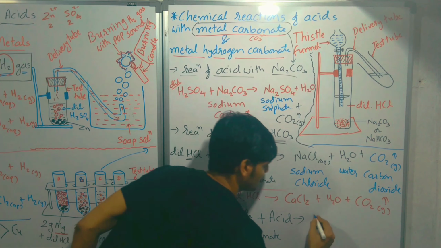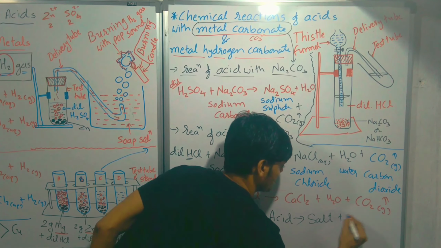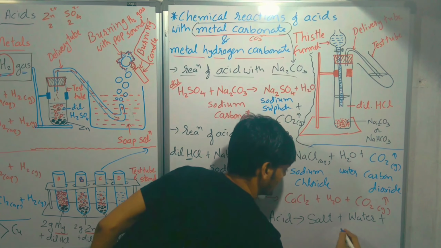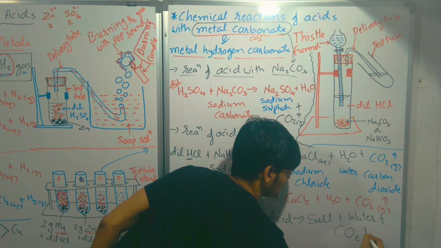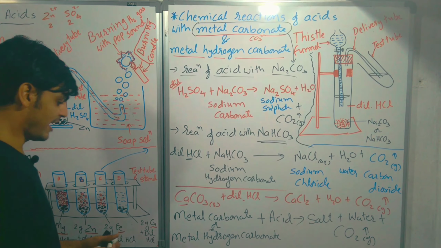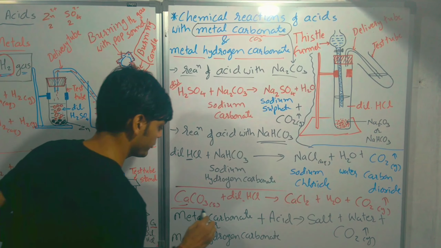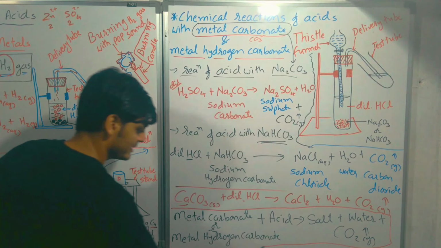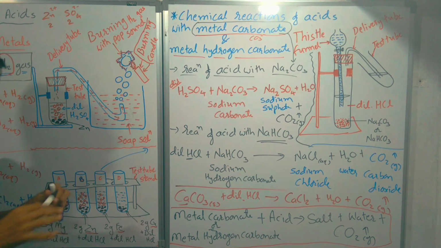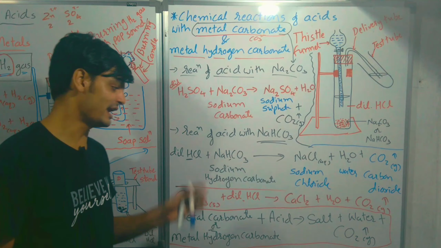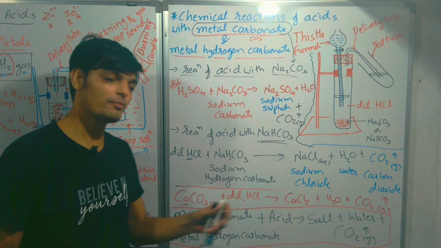They will form salt plus water plus CO2, carbon dioxide gas. This is a very important key point. Just remember this one only and you will be able to write any reaction, any acid reacting with any metal hydrogen carbonate or metal carbonate.